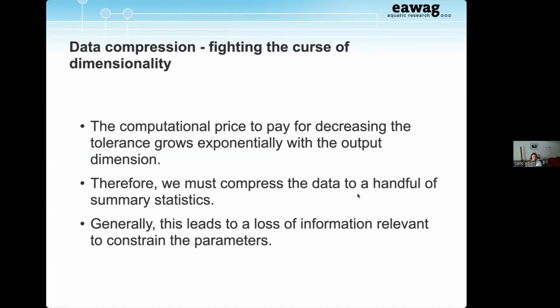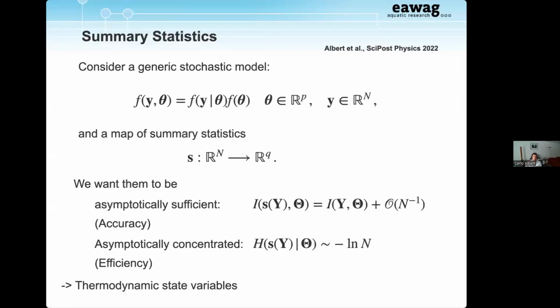So we have to try to compress the information in the data that is relevant for parameter inference into few statistics, and generally that leads to a loss of information. And so this is the trade-off that we are dealing with, the trade-off between accuracy of the posterior and efficiency of the algorithm. So let's formalize this a little bit.